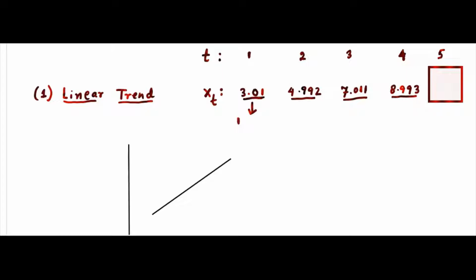This is 3.01. So with the formula 1 plus 2x, we get 1 plus 2 multiplied by 1, plus 0.01. This one is 1 plus 2 multiplied by 2, plus minus 0.08.